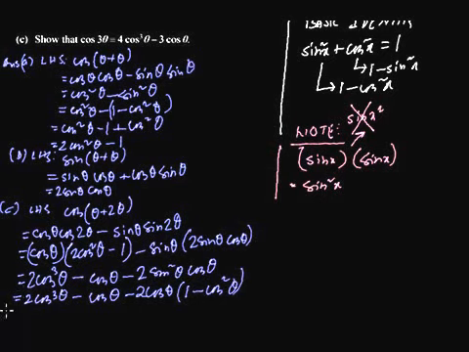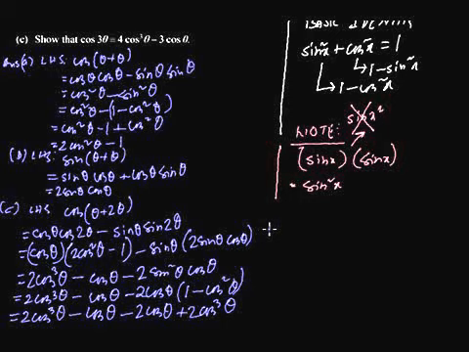From the basic identity I have changed it, so this is 2 cos cubed theta minus cos theta minus 2 cos theta into 1 is 2 cos theta, and minus 2 cos theta into minus cos square theta is minus into minus is plus 2 cos cubed theta.